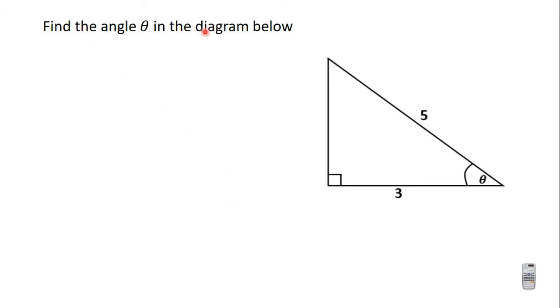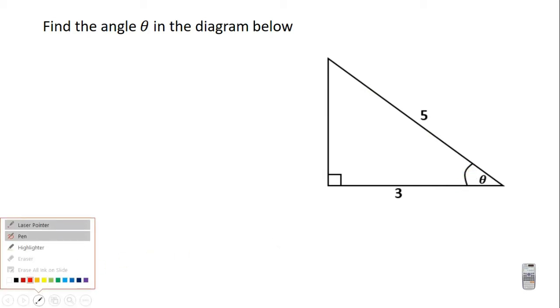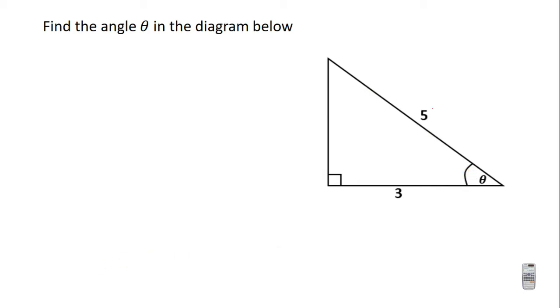Find the angle theta in the diagram below. So considering this diagram, we can see that 5 is the hypotenuse because it's the longest side or the side facing the 90 degrees. 3 is the adjacent side. 3 is adjacent to theta. So here we have adjacent, we have hypotenuse.